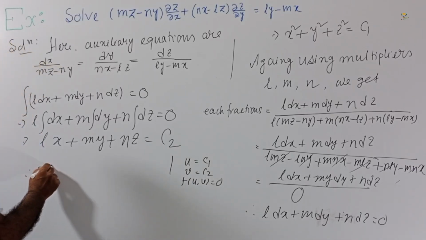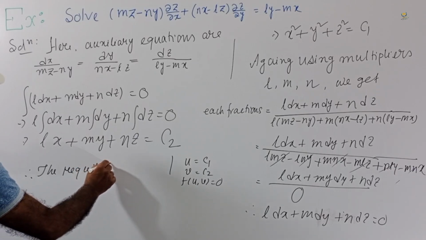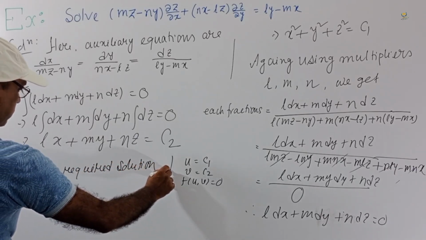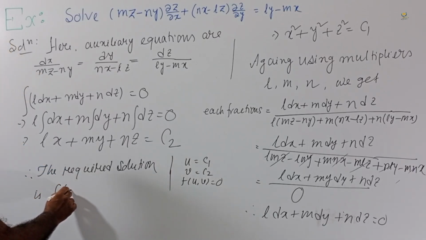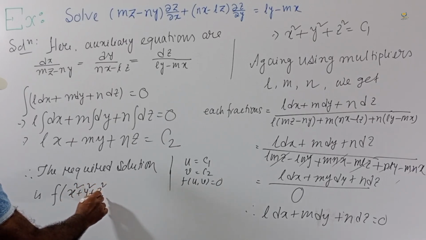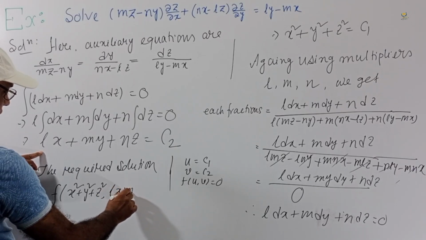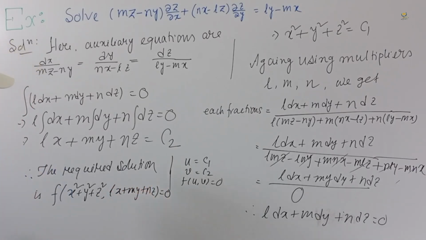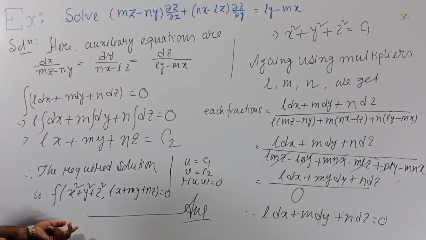Therefore, the required solution is f of x square plus y square plus z square comma lx plus my plus nz equal to 0. This is our final answer. Very easy solution, very interesting.